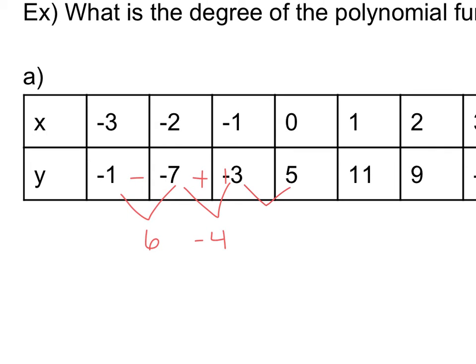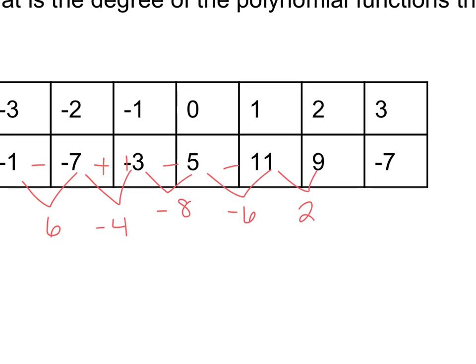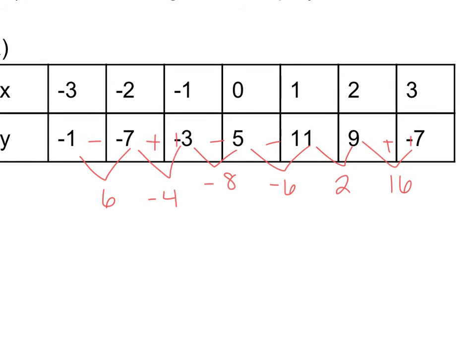Okay, from here to here, -3 minus 5 would give you -8. Five minus 11 would be -6. 11 minus 9 would be 2. And then 9 minus -7 plus positive becomes 16. Okay, so it's not consistent yet, so we have to keep going.